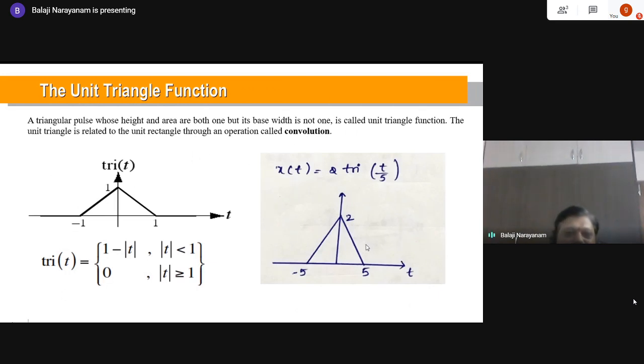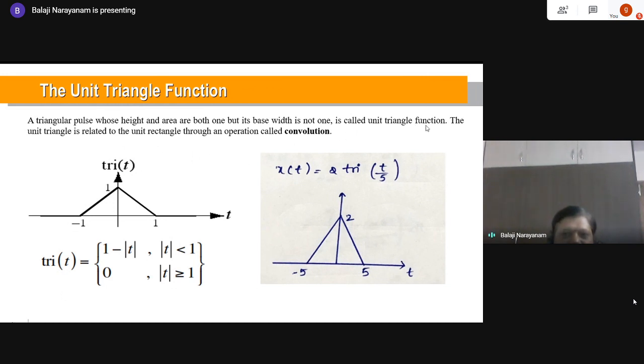Next is an important function called the unit triangle function. So let us try to understand what this unit triangle function is. A triangular pulse will have a height and area, both 1, but its base width is not 1. Now you observe it has a height as well as the area. So height is 1, one can observe, but the base width is not equal to 1.